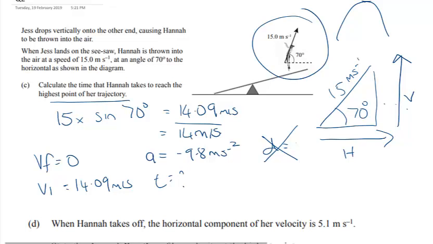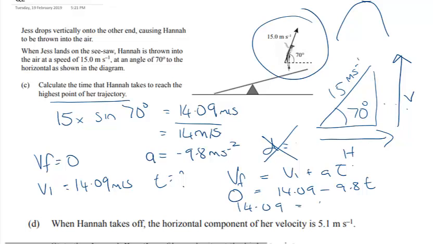And that is Vf equals Vi plus AT, so similar to the previous one. And that's 0 equals 14.09 minus 9.8 times T. So that equals 14.09 equals 9.8T. So 14.09 over 9.8 equals T. So divided by 9.8.